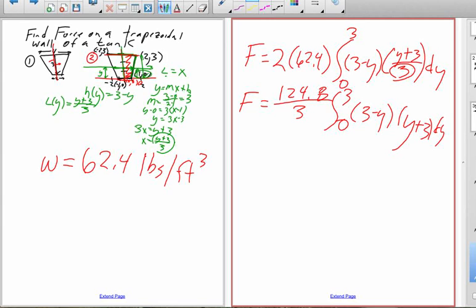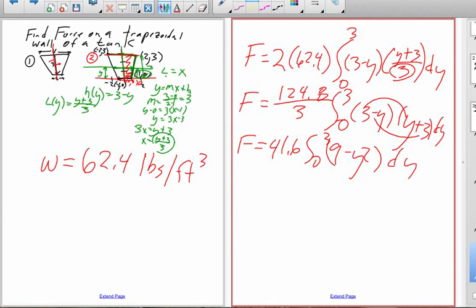And when you expand this out, this was 41.6 out front, times the integral. When you expand everything out, you end up with 9 minus y squared, because I've got a plus 3y and a minus 3y. So you end up with 9 minus y squared dy. And now we integrate that thing.